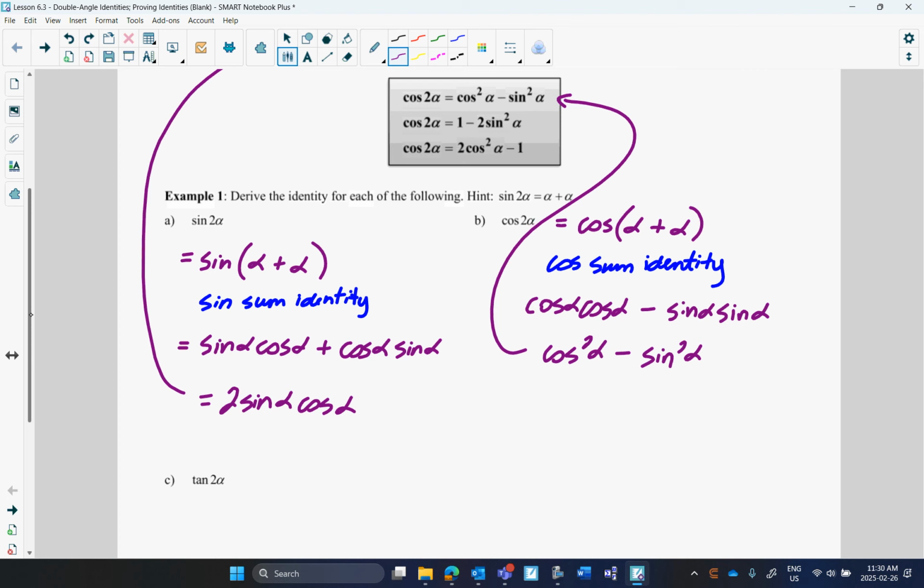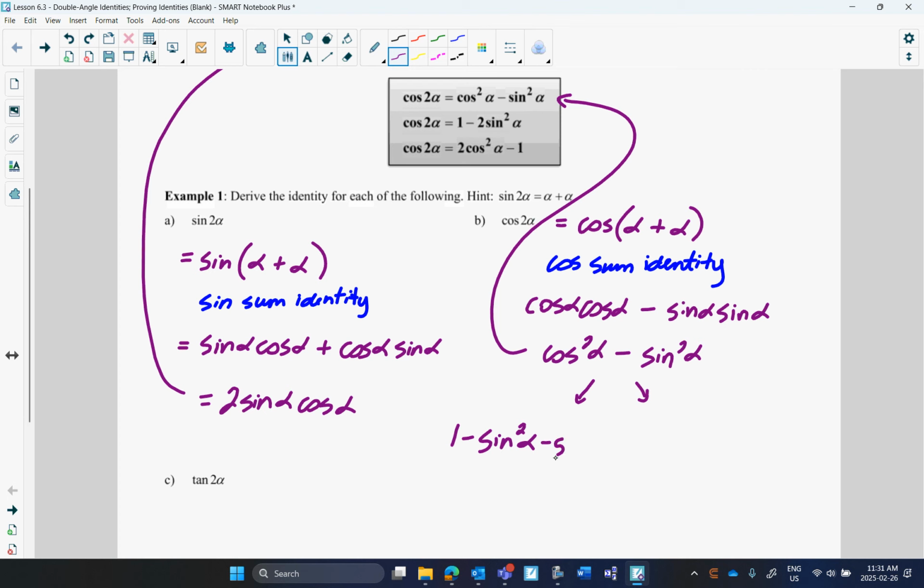How do we prove the other two? Well, do you remember from your Pythagorean identity, cos squared is the same as 1 minus sine squared. Excellent. That one you do have to remember.